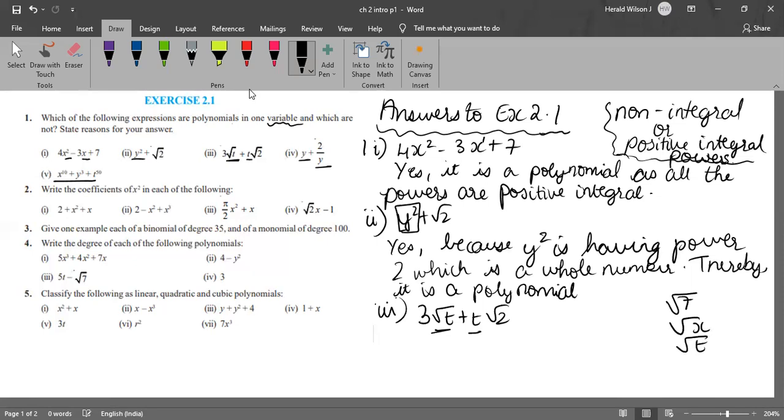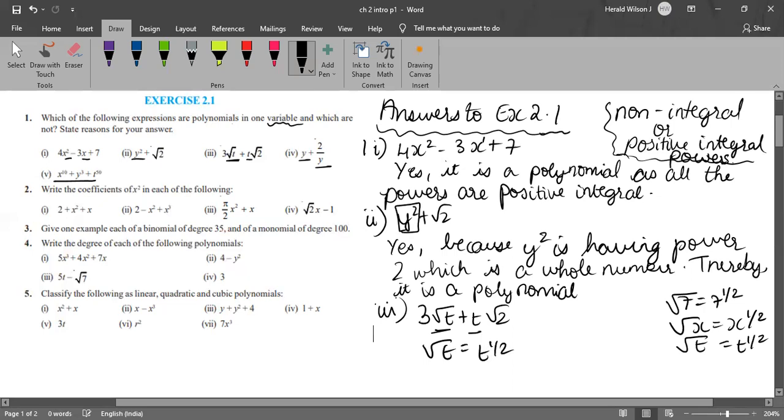So what can we say? Any variable or non-perfect number which is having a root can always be written as that number or variable raised to the power of half. Root 7 is 7 raised to the power half, here it will be x raised to the power half, and then here root t will be, of course, t raised to the power of half.